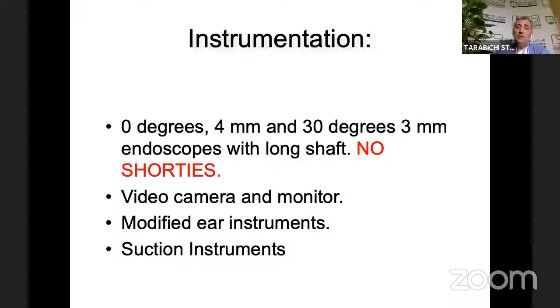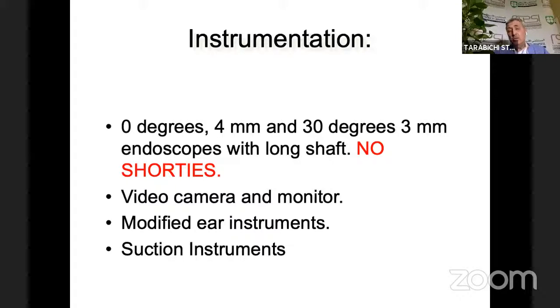So in terms of instrumentation, please, if you're using the short endoscopes, it's not going to work for you. For much of my career, I have used the 4mm 0-degree endoscope. For much of my career, I was pretty much against using angled endoscopes.